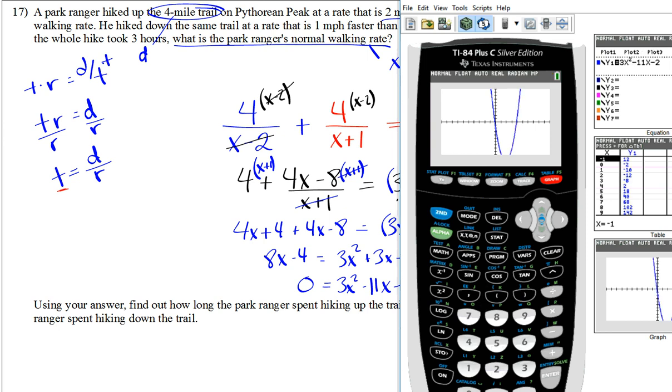If you look at the one on the left here, that crosses through in the negative x's. So that would be a negative speed. We don't want that. We want the other zero. So second trace 2, and we want to go enter, go to the right side of that zero. Hit enter 2 more times. We get x equals 3.84.